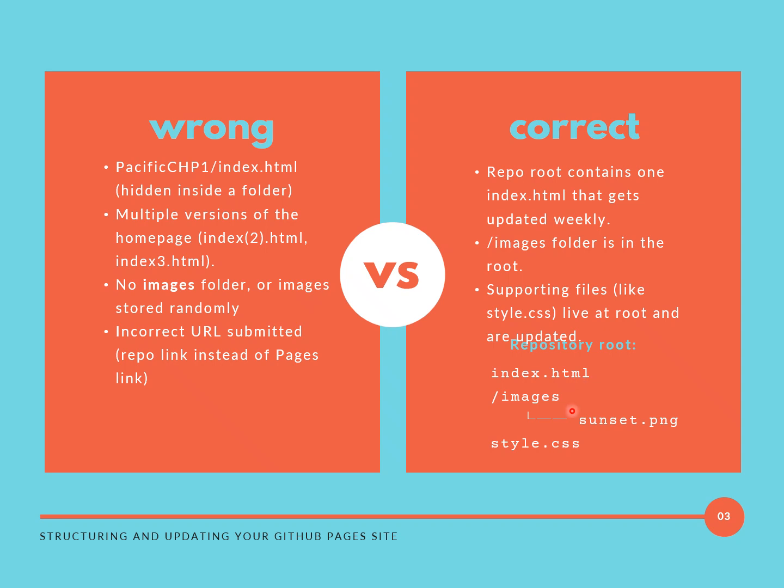And then you should also have, like I said, the images folder also at that top level in the root, and then you're going to have all of your images inside of that. And then any supporting files that you have, like your style sheet and things like that, should also be at the root level. Okay.